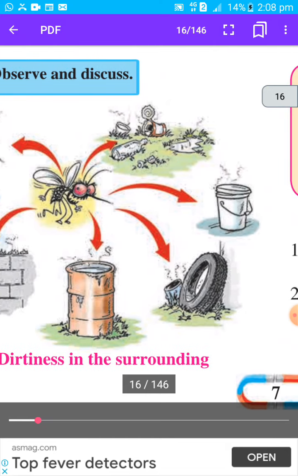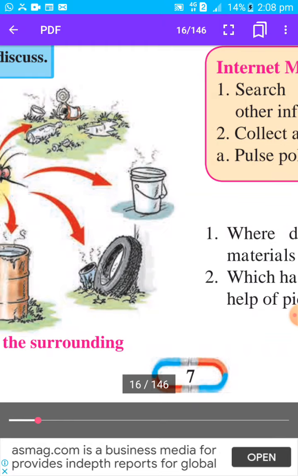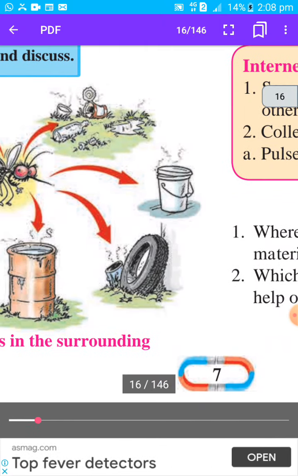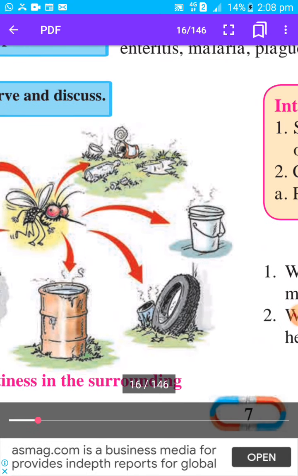Then there is a tin containing water. Then there are tires. Tires also contain water. Many times rainwater falls in that tire, and that also helps to breed these mosquitoes.